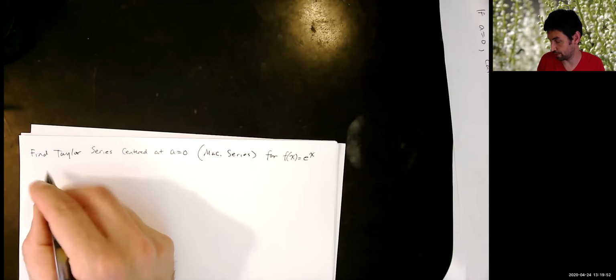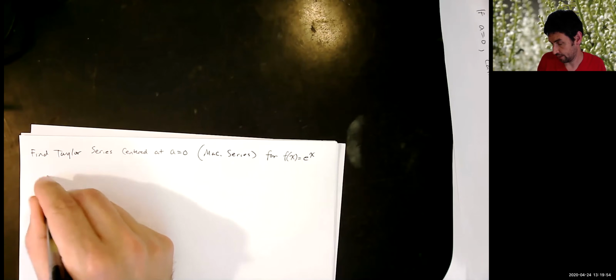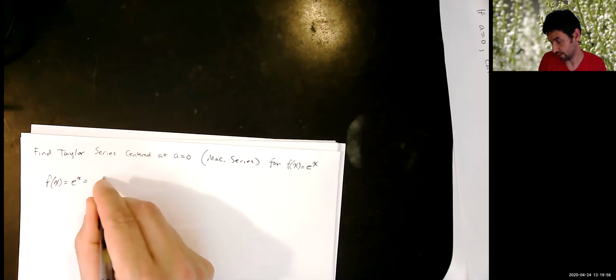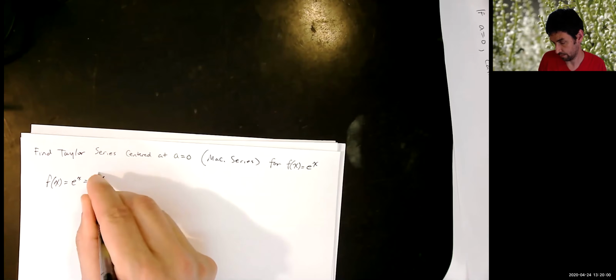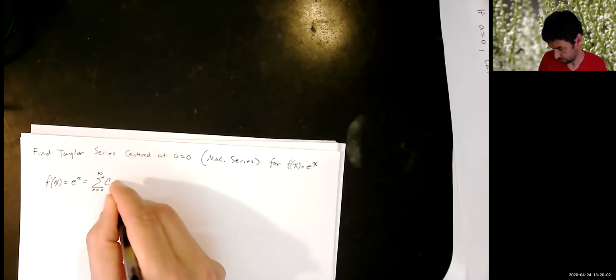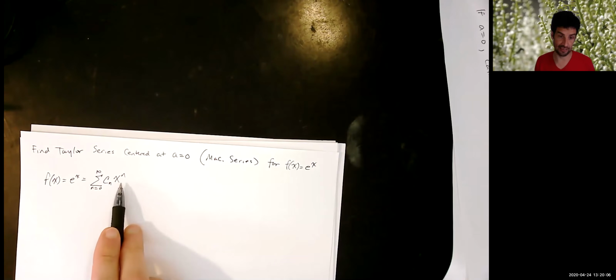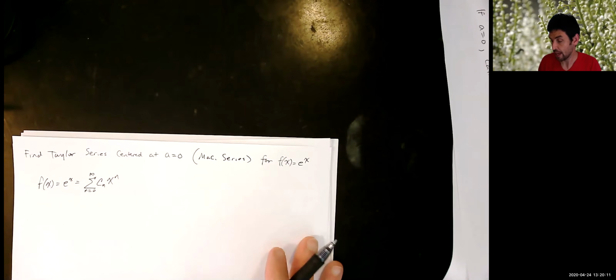In other words, I want to write down f of x, which is equal to e to the x, as the sum of c sub n times x to the n. Remember, I'm centered at 0, so this is like the x minus a to the n. It's just x because it's minus 0.